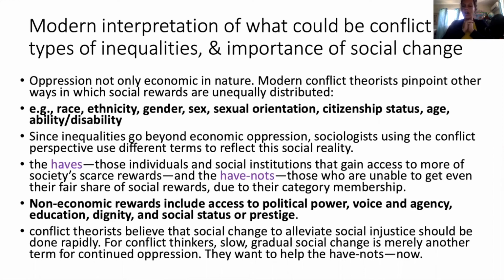Social rewards are not only materialized in the economy, in money, but in things like race, ethnicity, sex, sexual orientation, citizenship status, age. Are you a disabled person? So inequalities are much more complex than only the economic oppression.